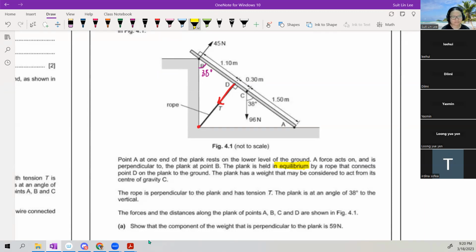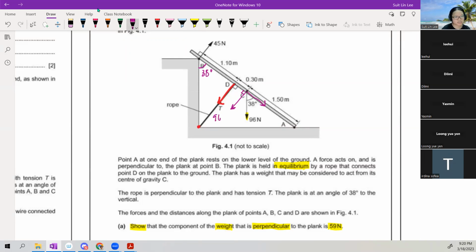Paper 2 is easier. Show that the weight component that is perpendicular to the plank is 59. The weight is 96. So we are going to resolve one component perpendicular, 90 degrees to the plank, and one component parallel to the plank. When we resolve it this way, this one has no angle.